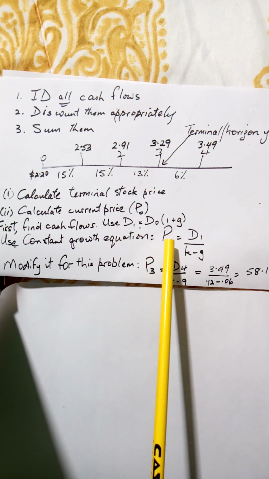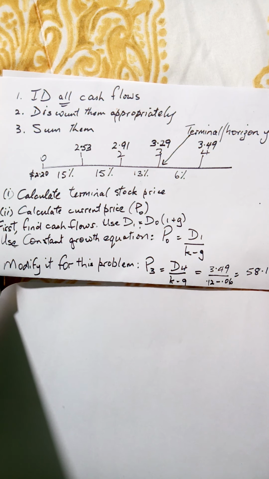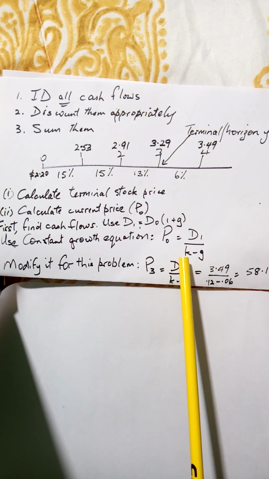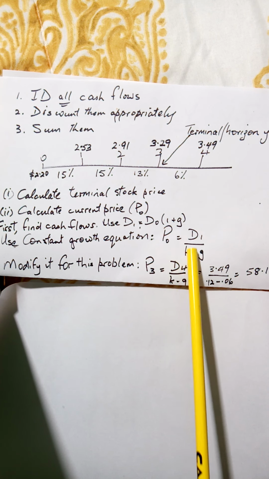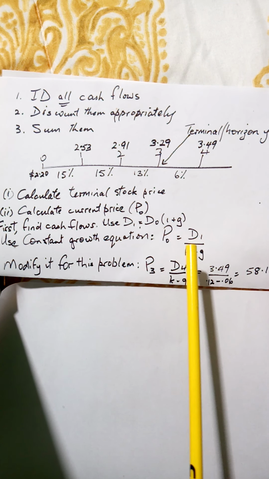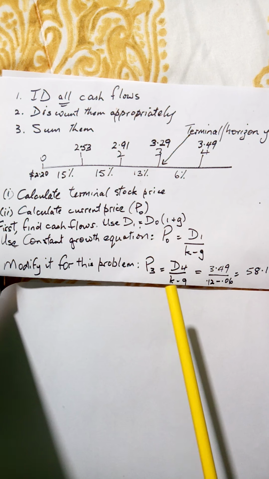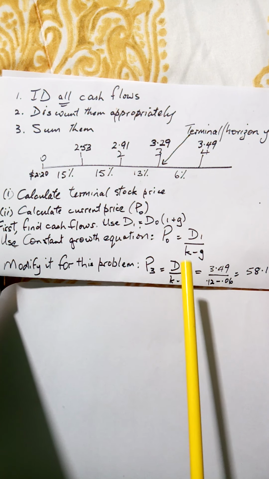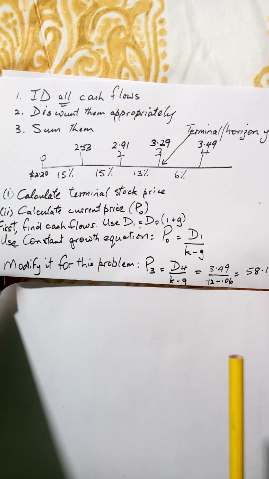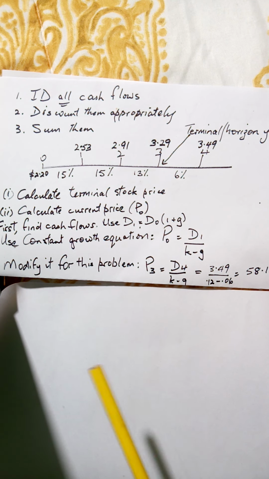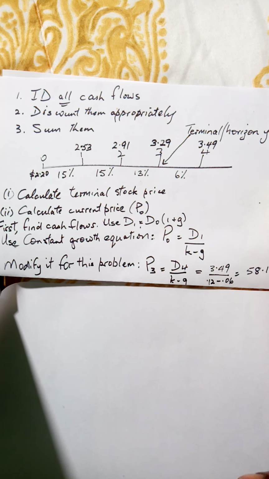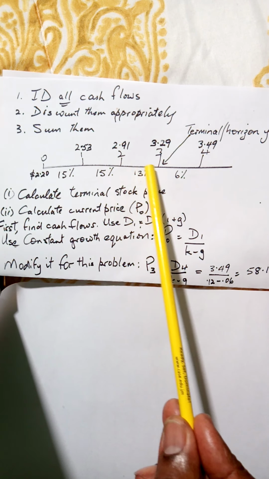This is the format. P0 equals D1, which is the next dividend, over K. We could have called this R or I. It just means the cost of capital, K, and G is the growth rate. So the general format of the constant growth equation is P0 equals D1 over K minus G. It only applies where constant growth is happening. So it only applies from year 3 onwards, because before that is accelerated growth.